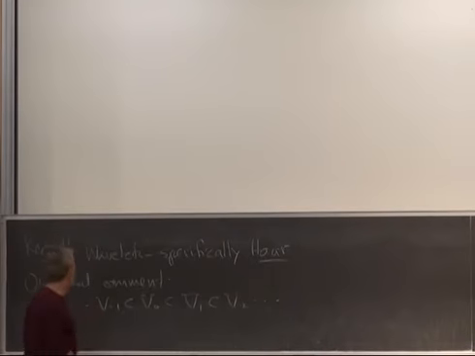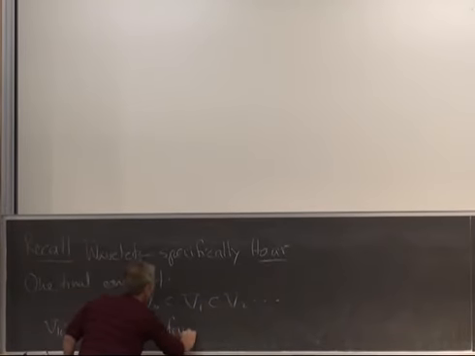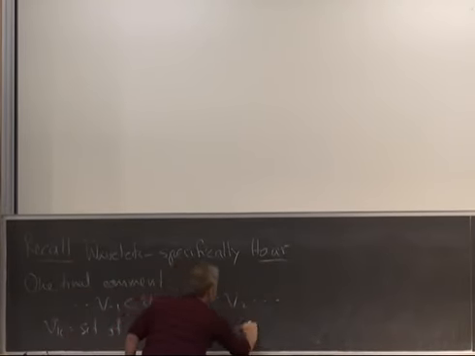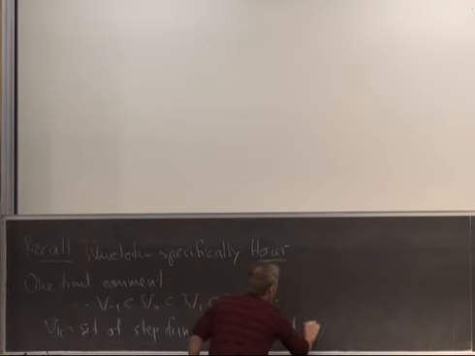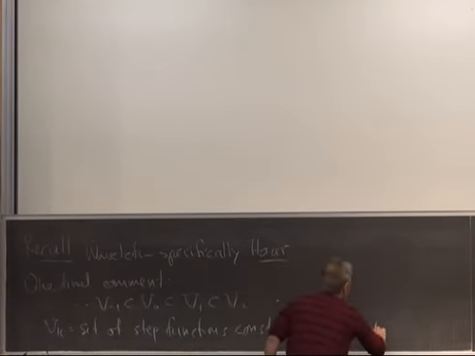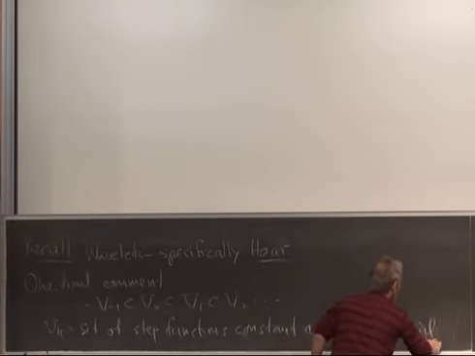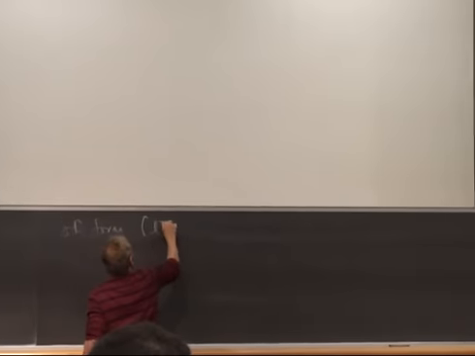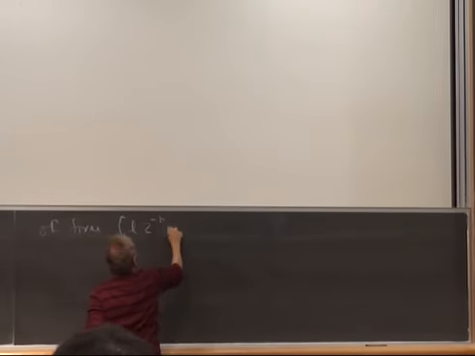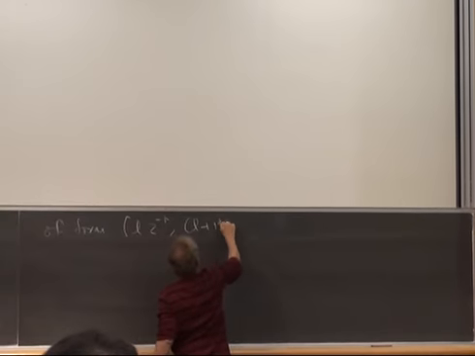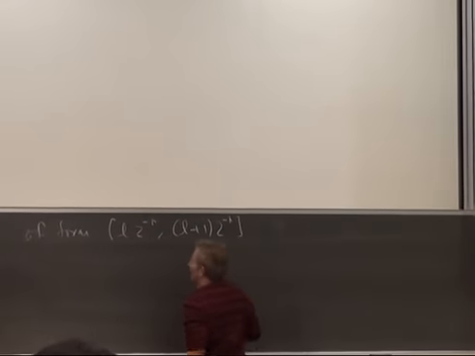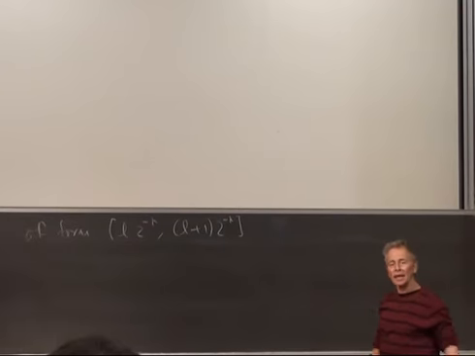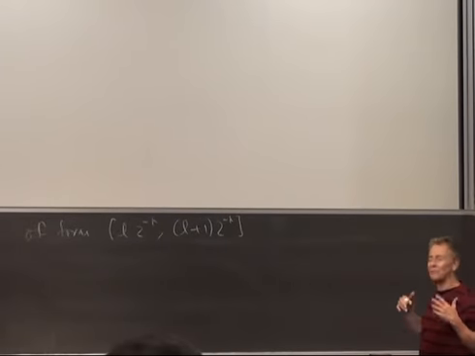And for any k, Vk is the set of step functions constant on every interval of the form L times 2 to the minus k up to L plus 1 times 2 to the minus k. Therefore, you can think of each Vk as just being V0 scaled by 2 to the k.